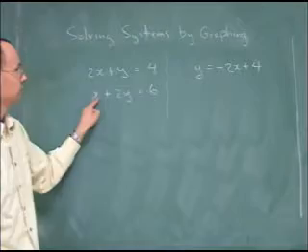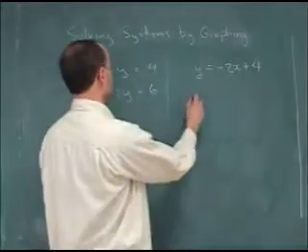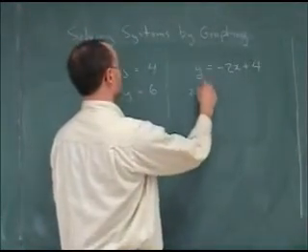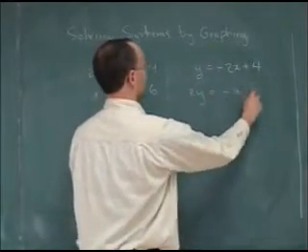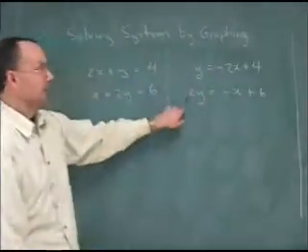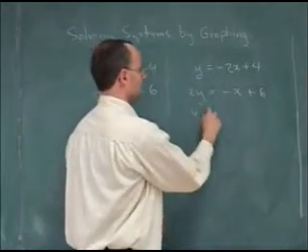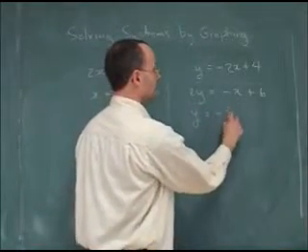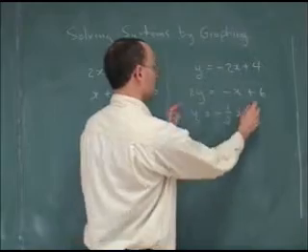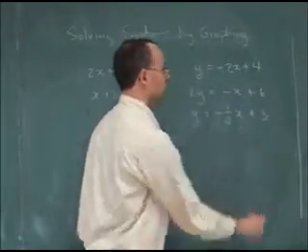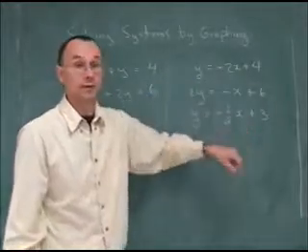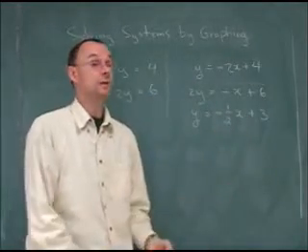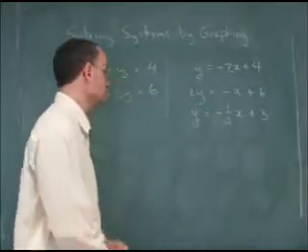And this one here, we're going to move the x over, and then we'll have to divide by the 2. So what do we have? 2y equals negative x plus 6, and then divide by 2. So this would become negative 1/2 x, and then 6 divided by 2 is 3. Well, the slopes are different. The y-intercepts are different. So these are very different lines, which means we're going to have one solution.